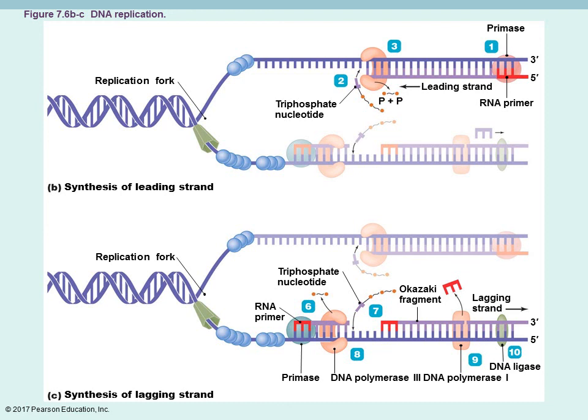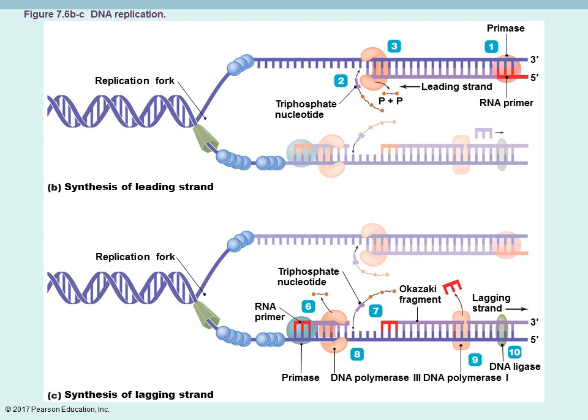It's reading that original parental strand, using it as a template. So remember with the complementary base pairing rule that you've already covered, wherever there's a G, it's going to put a C. Wherever there's an A, it's going to put a T. Those bases always pair together. So that's why it can just read along what the existing bases are on the parental strand, and it's adding the appropriate complementary strand.